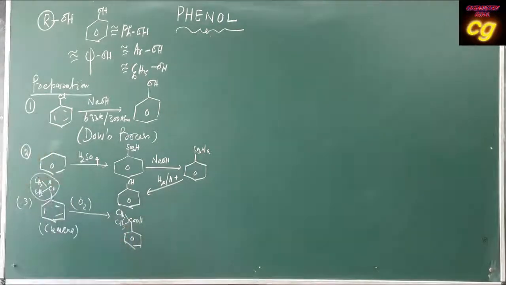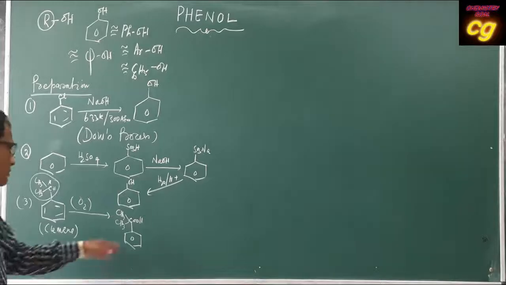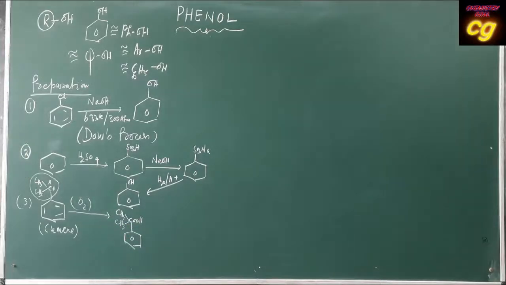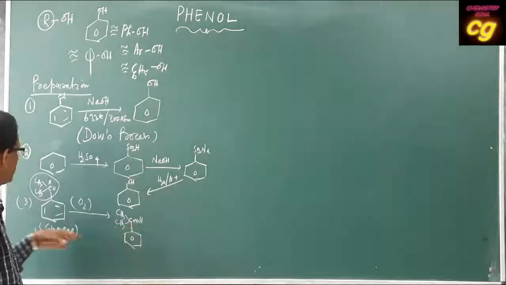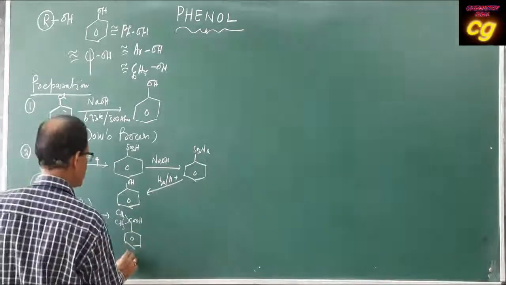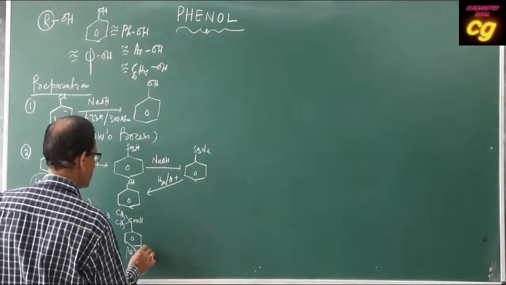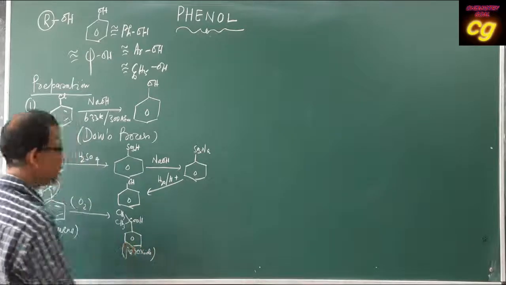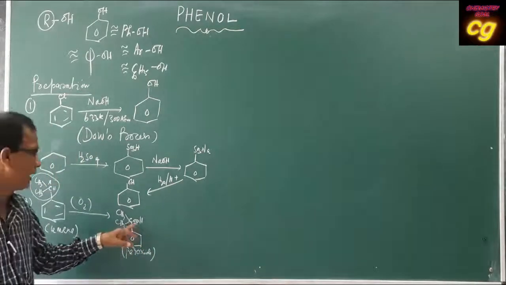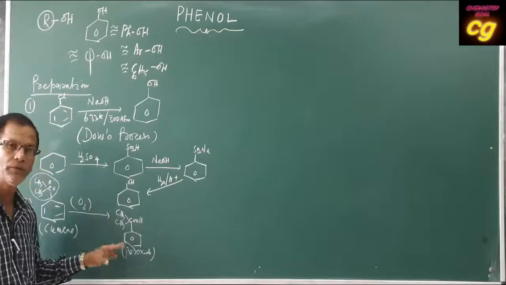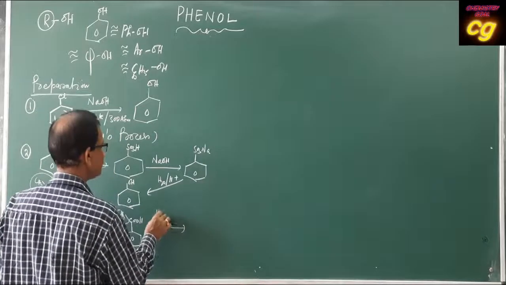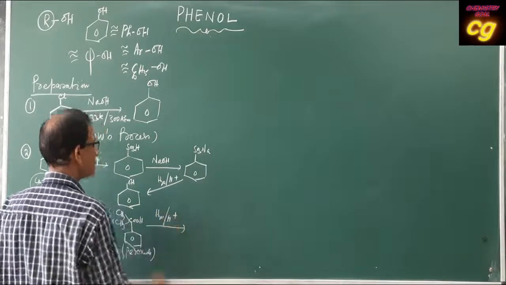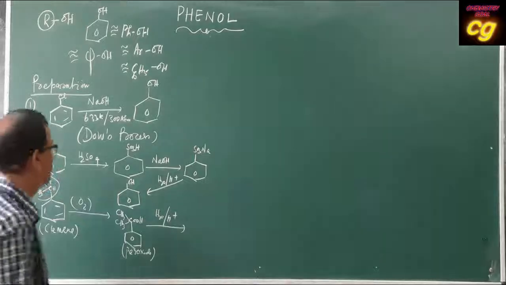This is called the hydroperoxide derivative of cumene, cumene hydroperoxide. When this undergoes acid hydrolysis, it produces what?